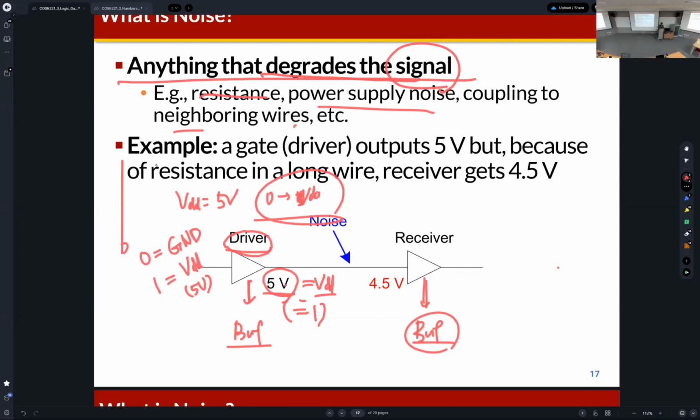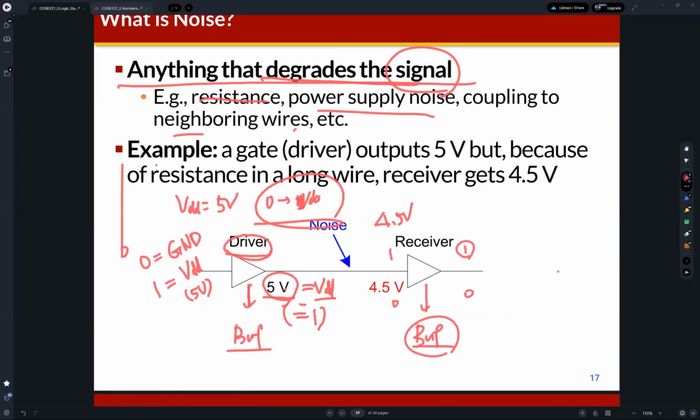In this example, let us assume that this voltage level becomes 4.5 volt. The problem is that this is a buffer: if 1 is given, 1 is generated, and if 0 is given, 0 becomes the output.